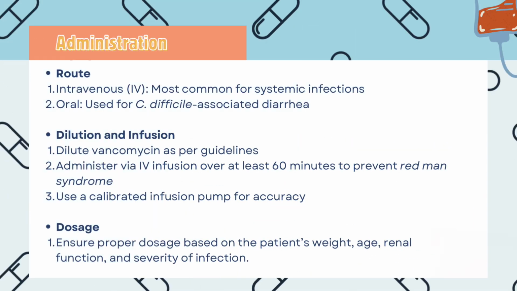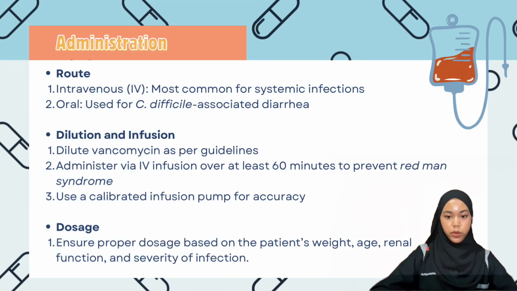Now let's move on to the actual administration of vancomycin. The most common route of administration is intravenous (IV) for systemic infections, while oral vancomycin is used specifically for C. difficile infections. Vancomycin must be diluted properly, typically in 100 to 250 ml of normal saline, and infused slowly over at least 60 minutes to prevent Redman syndrome, which is a histamine reaction causing flushing and hypotension.